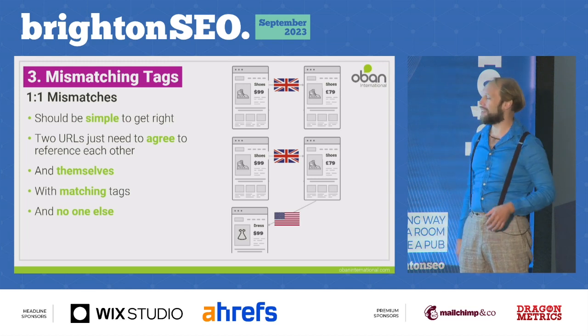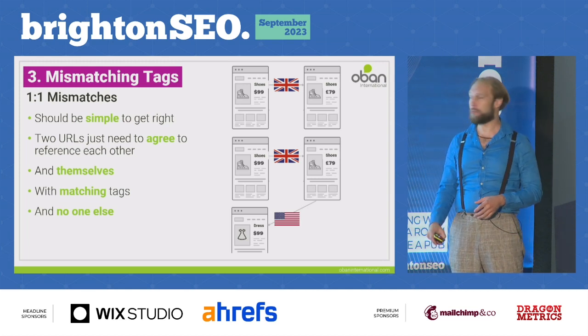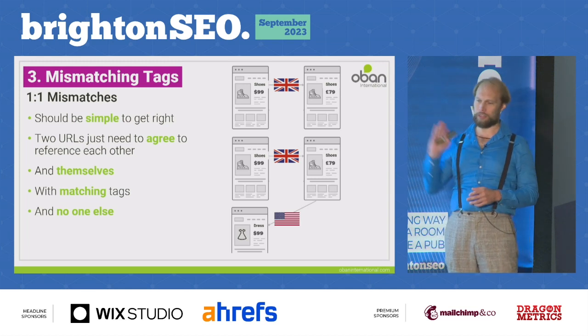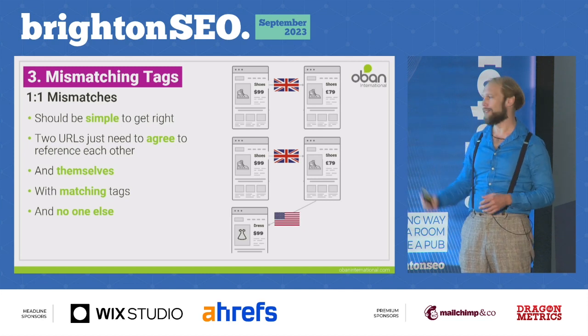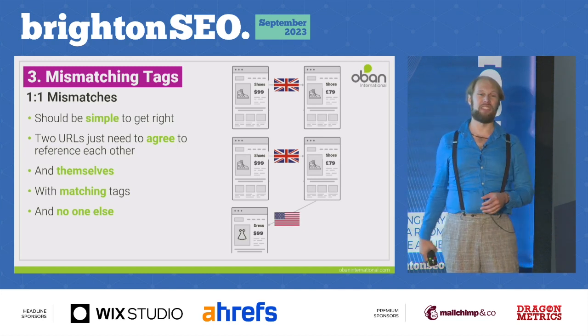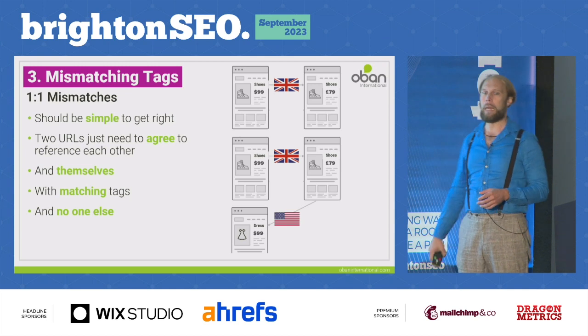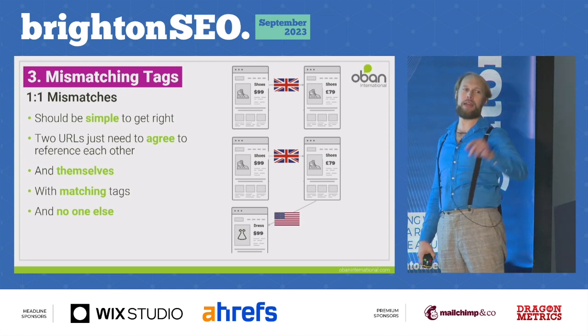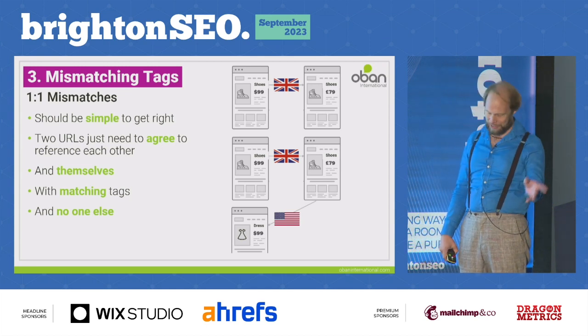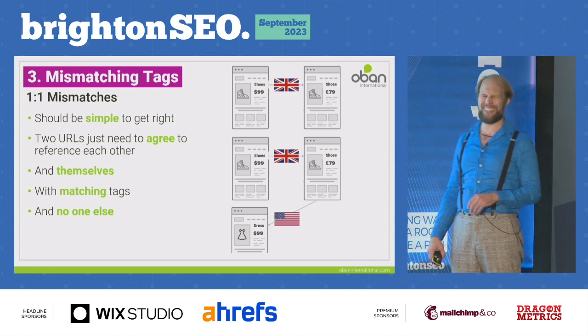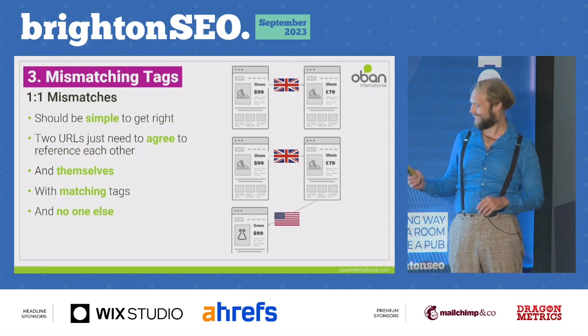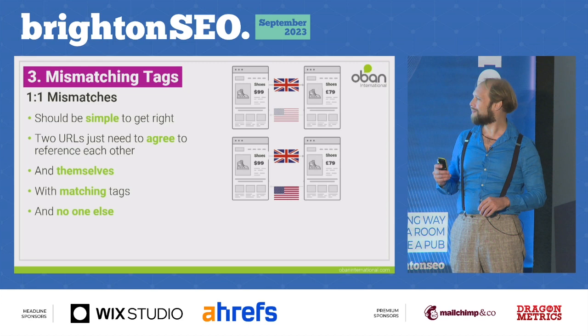And at the bottom here, again, US page is saying, yeah, the equivalent page of me is that UK page over there. And the shoes page for the UK is like, my equivalent page, yeah, that one over there. The one with the pretty pink dresses on, that's the equivalent page for me. And Google's like, I don't think it is. So let's fix that.